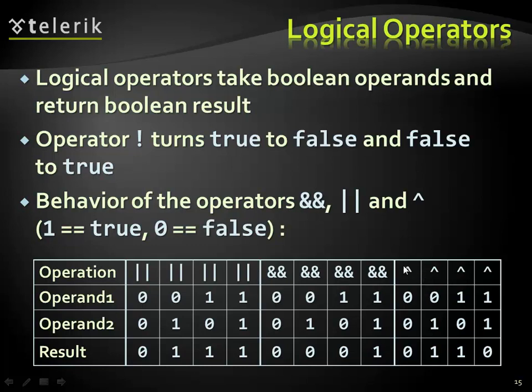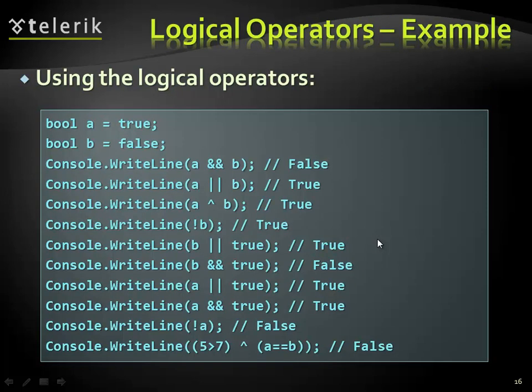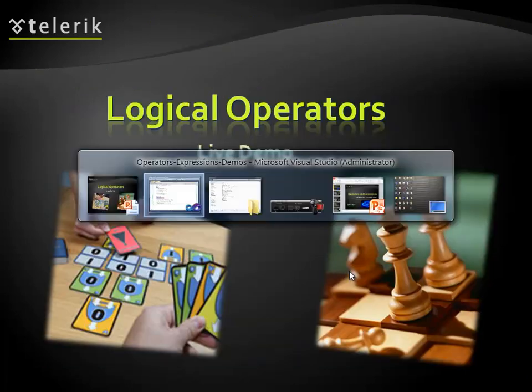And we have the XOR here, which produces true only if the two values are different from each other. So one of them has to be true and the other has to be false, so we can receive a true. So if we have to check two conditions at the same time, we can put between them the or, AND or XOR, depending on your needs. So here again is an example, and let's look at it live.